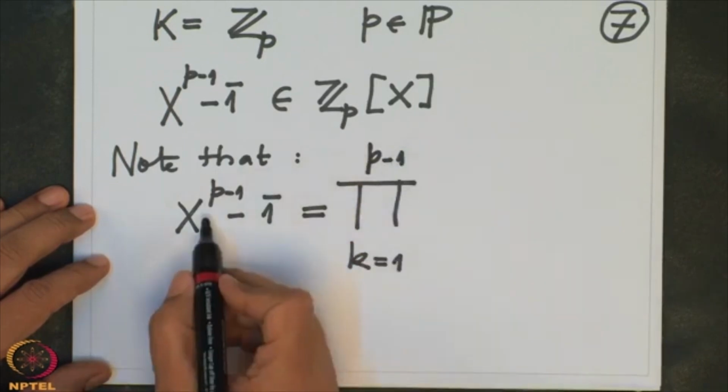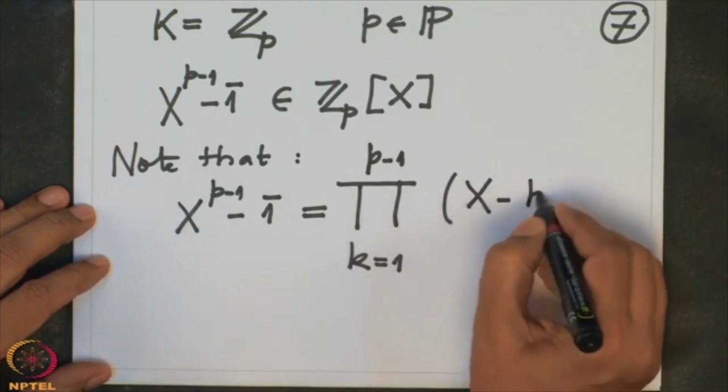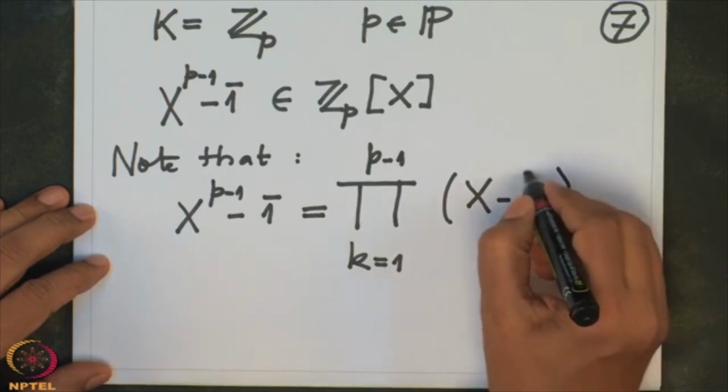There can't be more because the degree is p minus 1. And strictly speaking, I should write k bar.